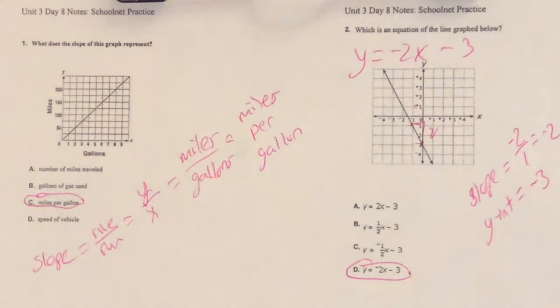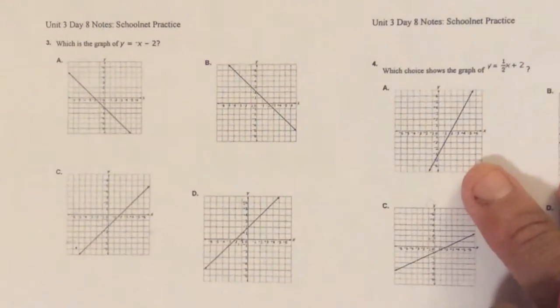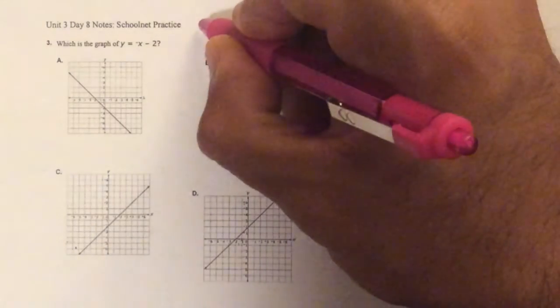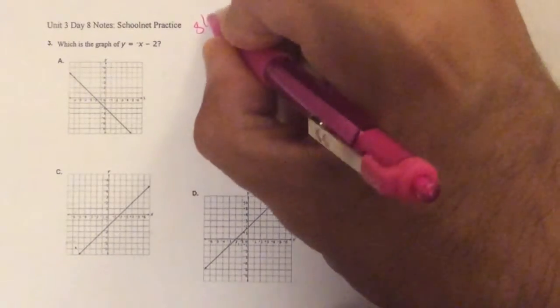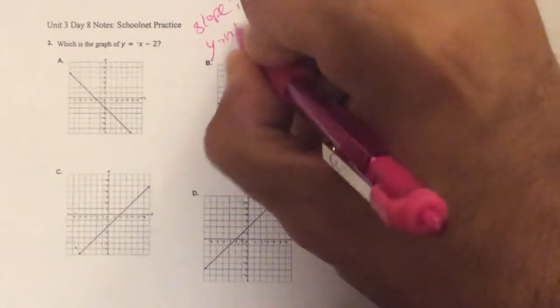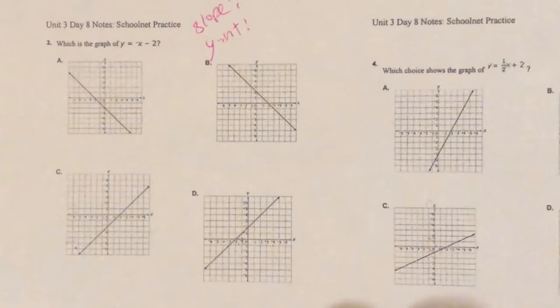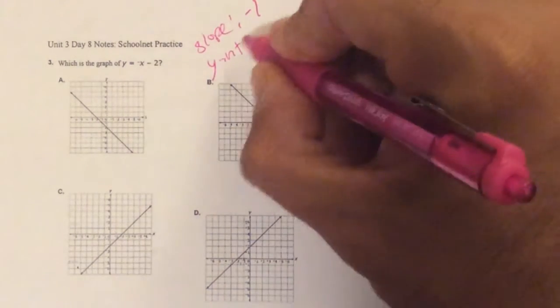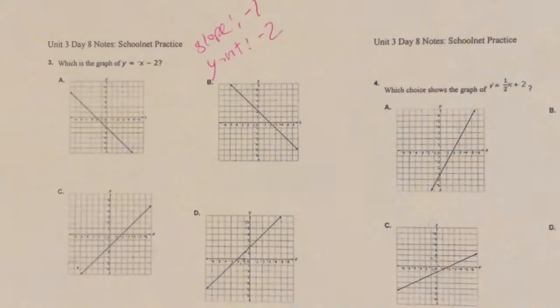Okay, moving on to number 3. Which is the graph of y equals -x minus 2? Well, first thing you need to identify is your slope and your y-intercept from this equation. Your slope is -1, and your y-intercept is -2.